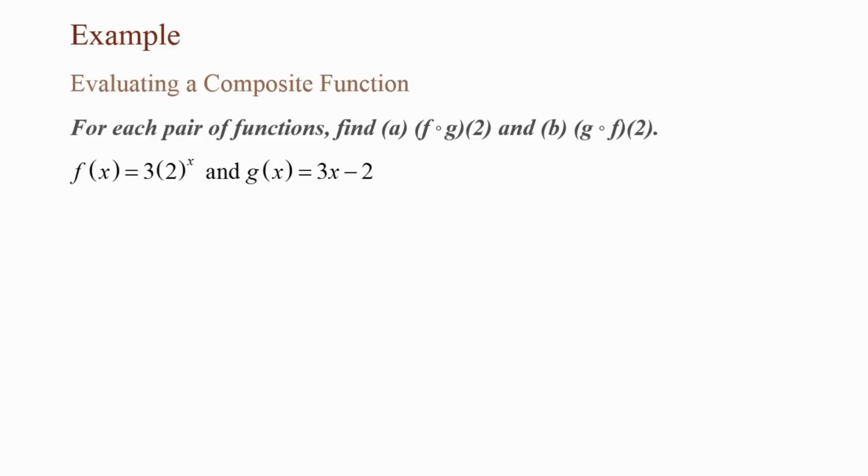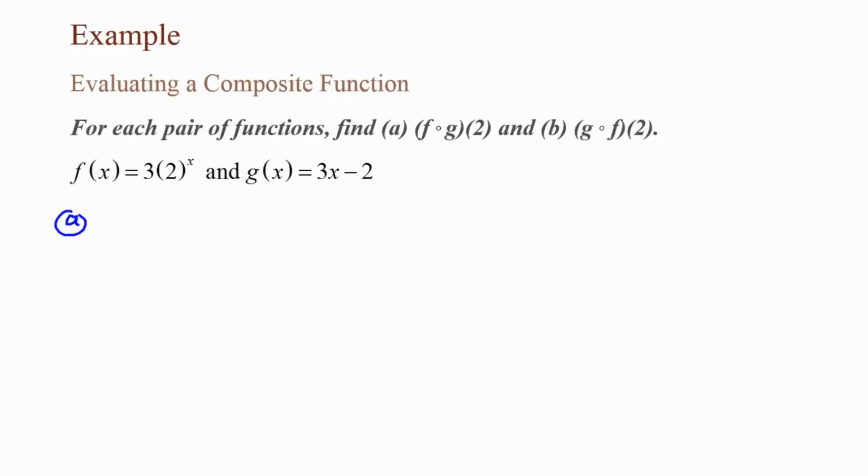In this example, evaluating a composite function, for each pair of functions, find a, f of g of 2, and b, g of f of 2, for f of x equals 3 times 2 to the x, and g of x equals 3x minus 2.